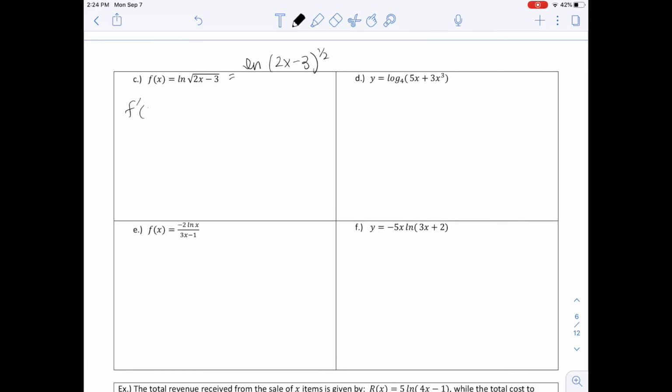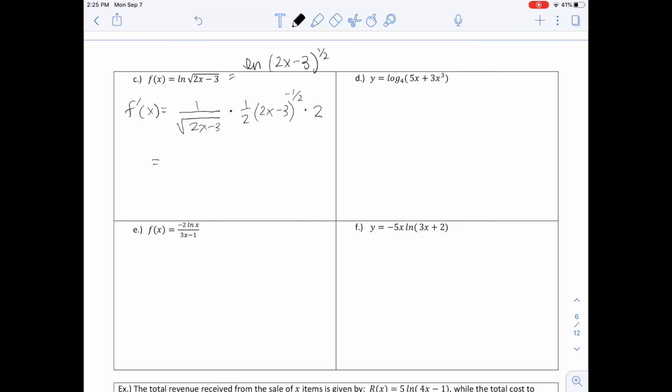And so in order to find our derivative, we're going to write f prime of x, and this is going to be 1 over our function, which is the square root of 2x minus 3, times the derivative of the function, and I'm going to go ahead and look at the one that's written as 2x minus 3 to the 1/2, which requires us to use the chain rule. So we have 1/2 times 2x minus 3, subtracting 1 from our exponent, to the negative 1/2, times the derivative of the inside function. Derivative of 2x minus 3 is just 2.